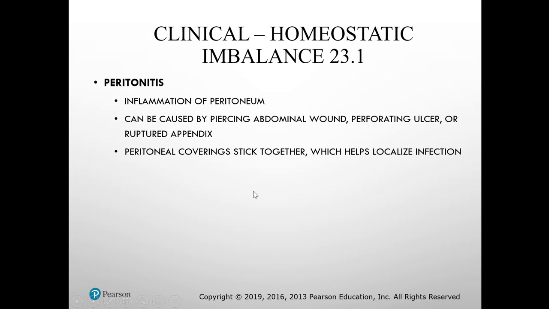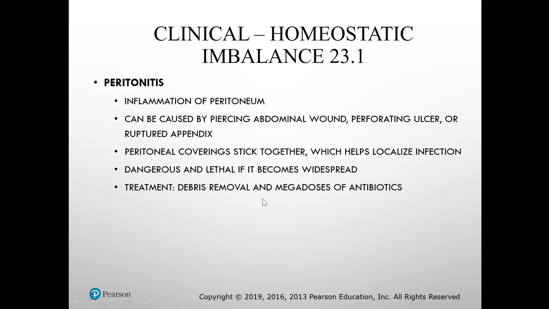That's not really very good. The patient can develop adhesion if they stick together. But this particular inflammation will help localize the infection itself. But it's dangerous and lethal if it becomes widespread.